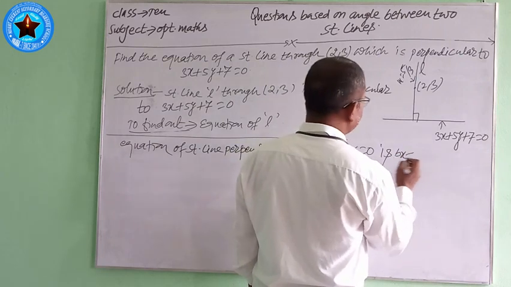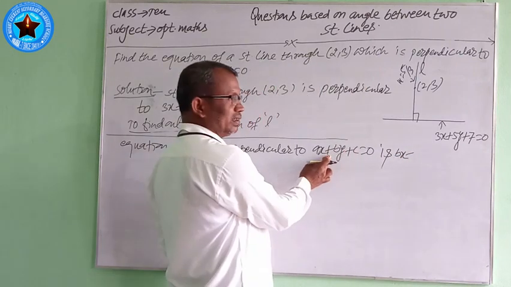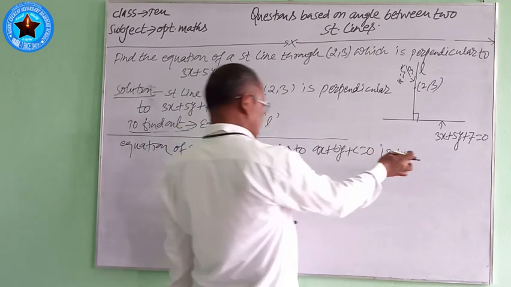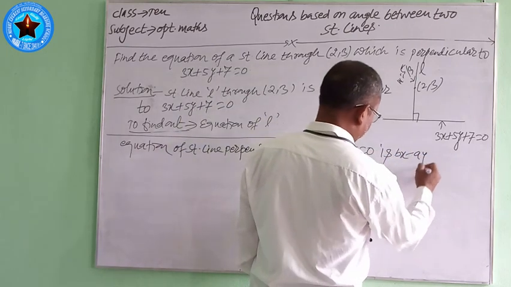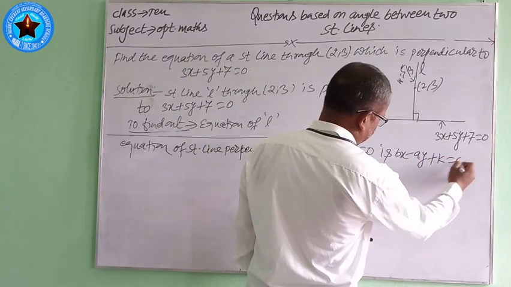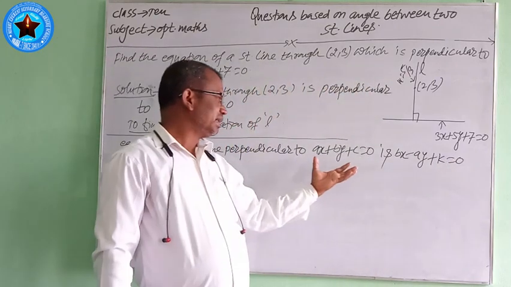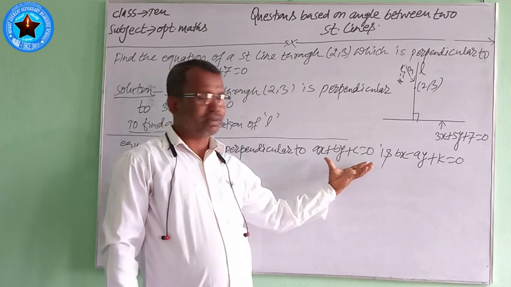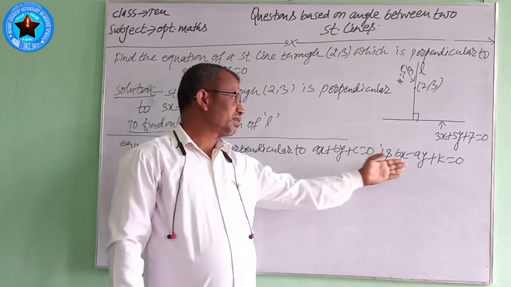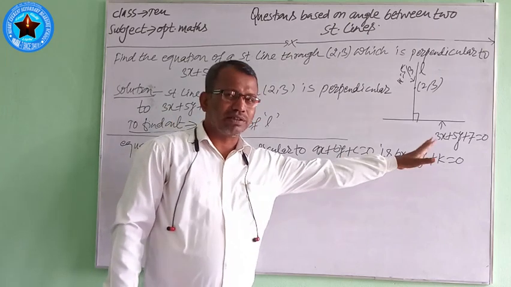Then it becomes bx. And what sign is between these two? If here is plus, you should write a minus, and k equals 0. If the straight line is ax plus by plus c equals 0, at that time we can write bx minus ay plus k equals 0.